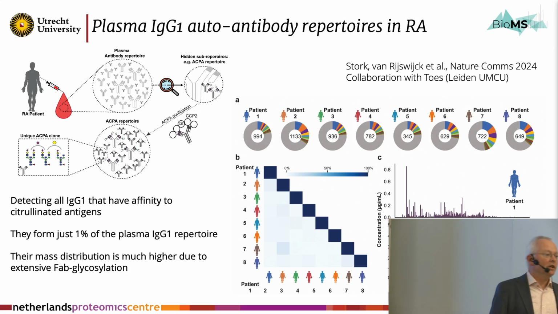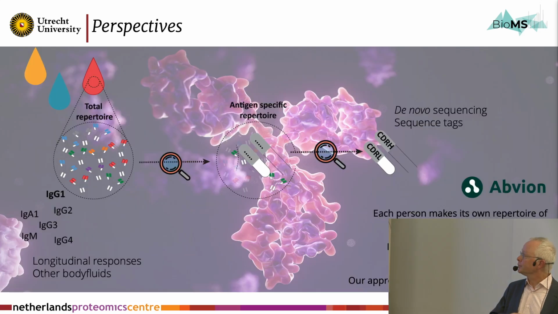But again, we see that every rheumatoid arthritis patient is unique in the autoantibody profile that they make against these autoantigens. I don't know what that means for how we should treat all these people, but it clearly shows a level of antibody knowledge that I think we didn't have so far.